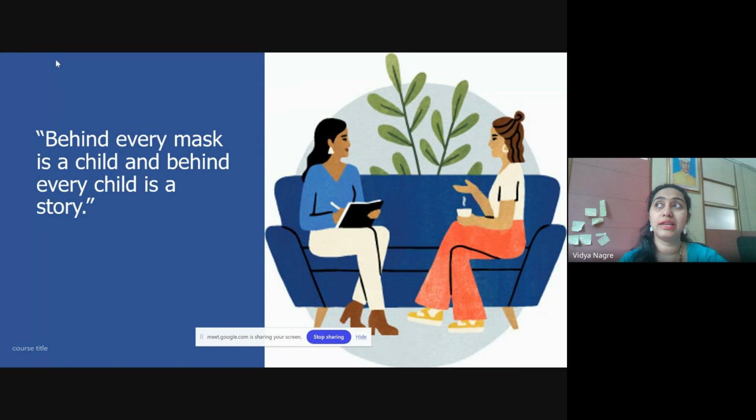Being a teacher, we are standing there on the stage facing, let's say, 30, 40, or 60, a crowd of 60 students, let's say. They are not one and all for us. Each one of them is different, an individual, and as a teacher, it is our responsibility to deal with each one of them.